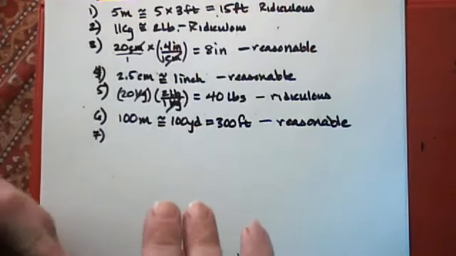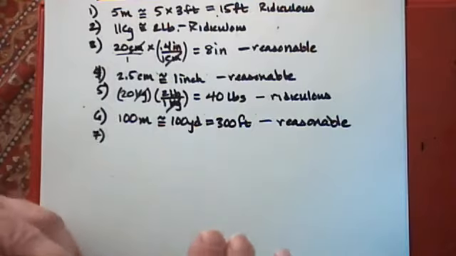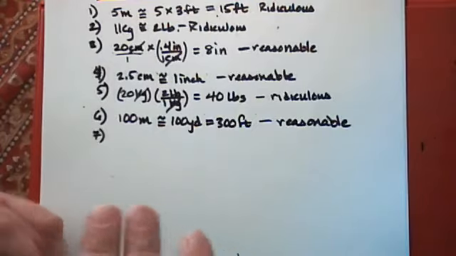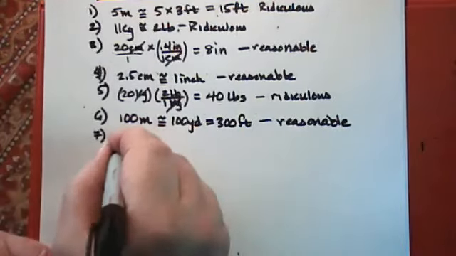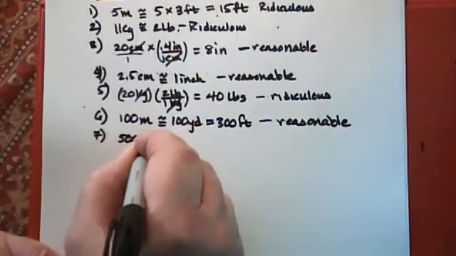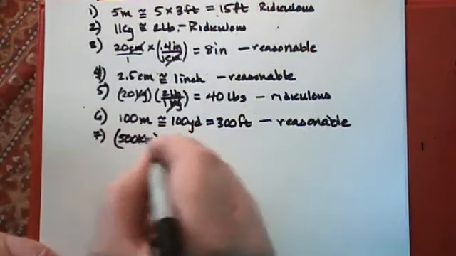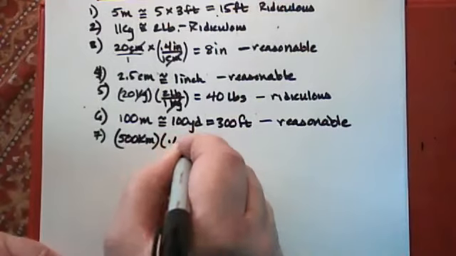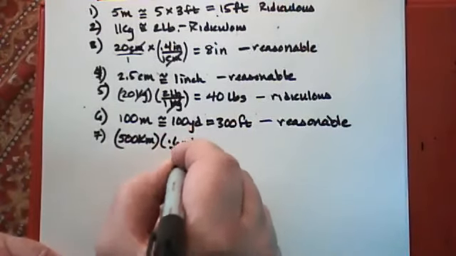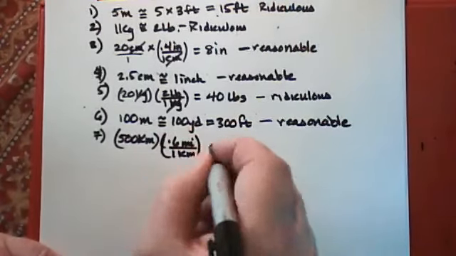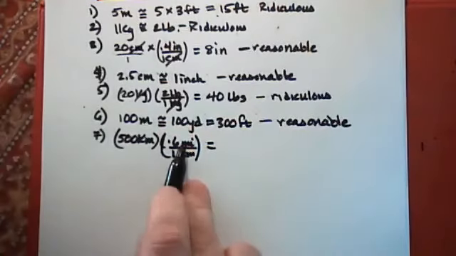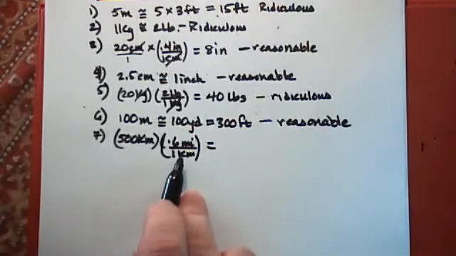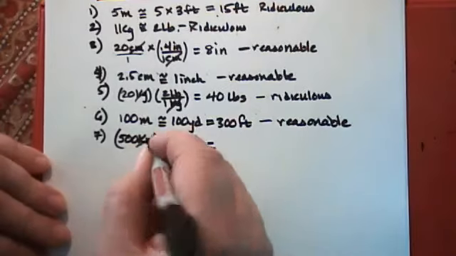Okay, so number 7, a different distance: from Sanborn to Rochester is 500 kilometers. The table says that there's about 0.6 miles for each kilometer.